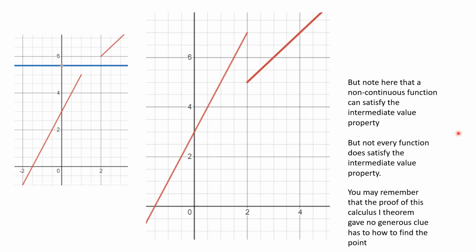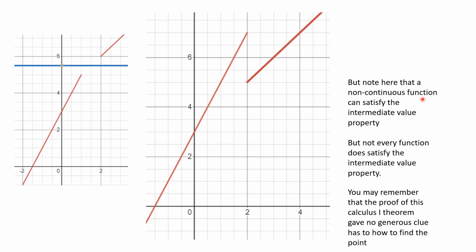Now you should note that a non-continuous function can satisfy the intermediate value property. Here, I'm showing you a discontinuous function. Here's the point of discontinuity. But this does satisfy the intermediate value property because for any value, there's at least one point that catches it.